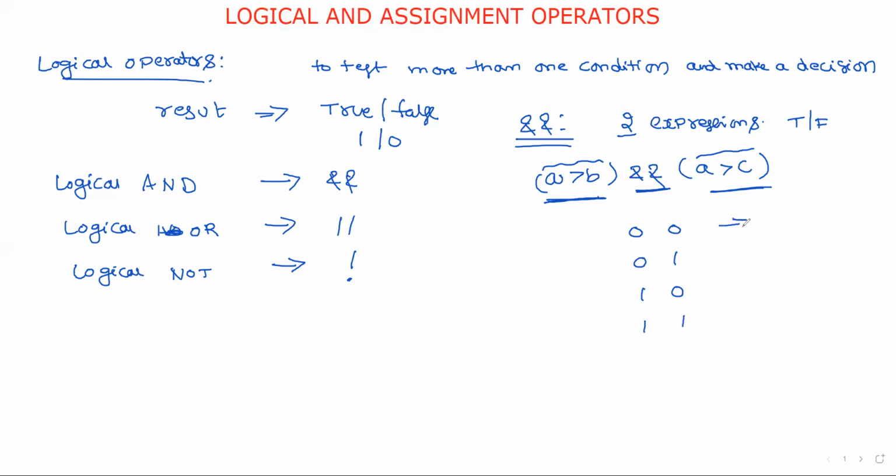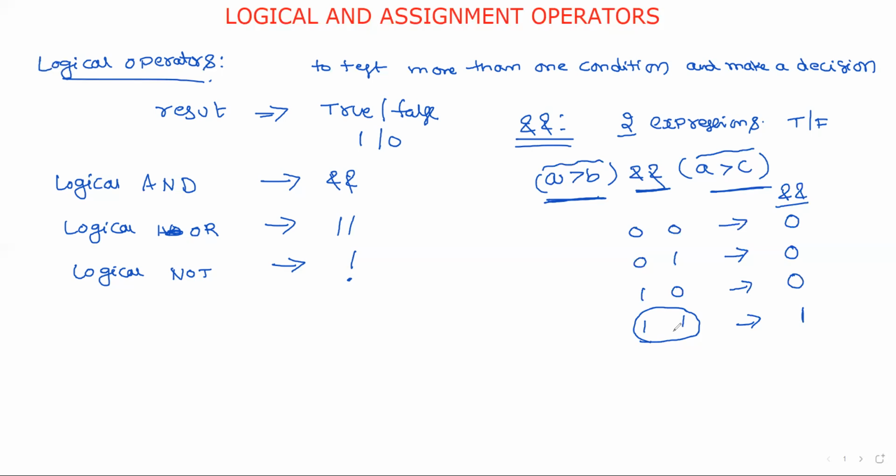If these are the inputs for the AND operation, if both are 0, the result is 0. 0 and 1, 0. 1 and 0, 0. And this is 1. If both values are true, then only the result is true.